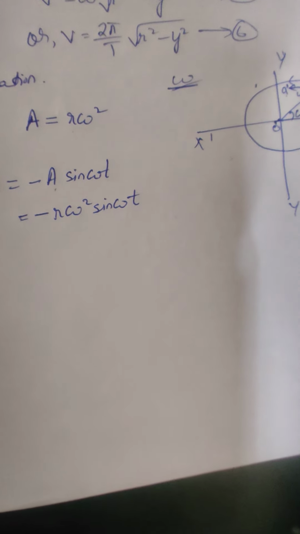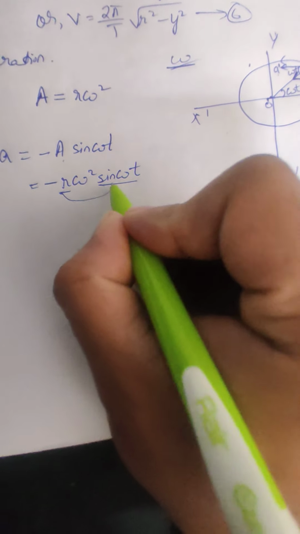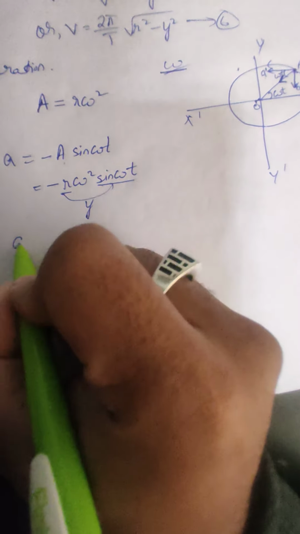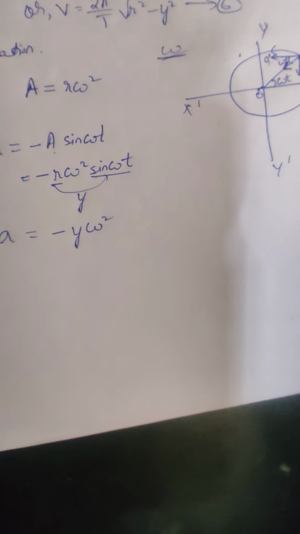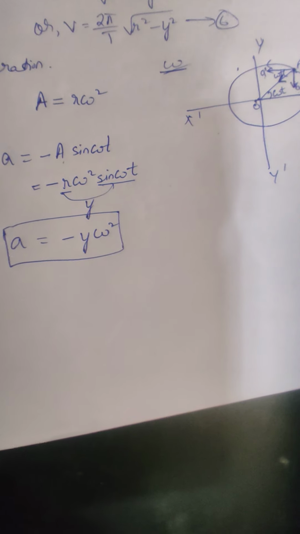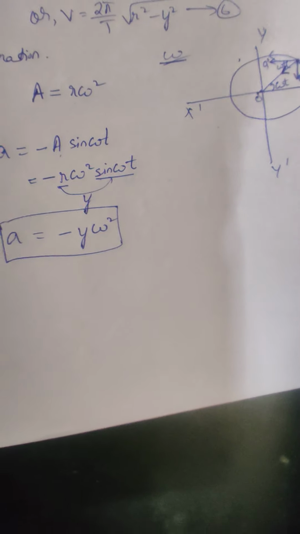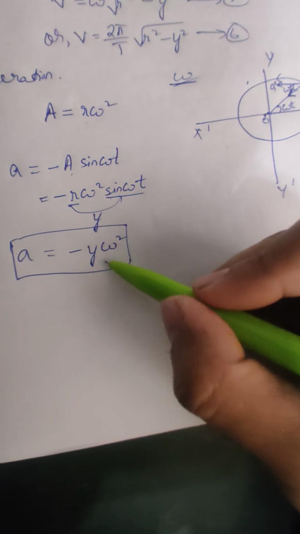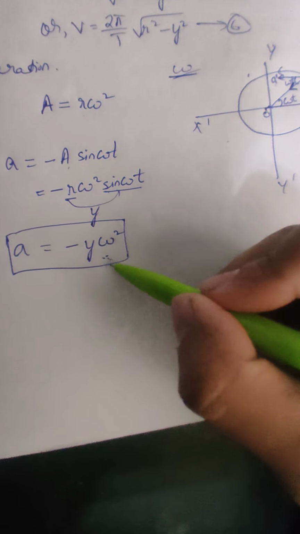Since y equals r sine omega t, this part r sine omega t will be equal to y, so a will be equal to minus y omega square. So this equation can be used to calculate the acceleration of a particle having simple harmonic motion. This equation is also used for your numerical assignment question number 2.